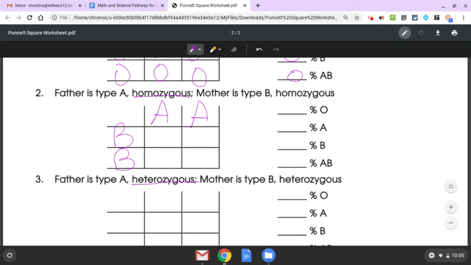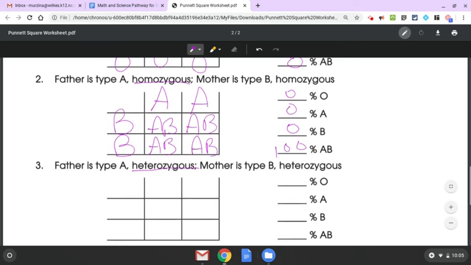So when you do these crosses, just using alphabetical order, go through and write it out just like this. And we'll find that the offspring has a 100% chance of being type AB blood, and 0% chance for all other blood types.